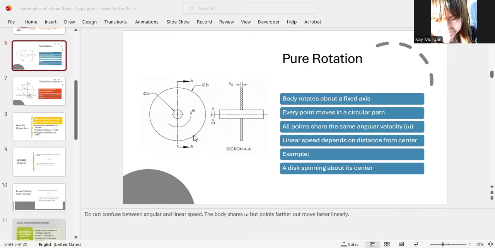So you can see this, of course, in a diagram like this. Every point on that body moves in a circular path. Don't think there's only one circular path. No, it has a gazillion circular paths from there all the way to there, except that central line. So your body has material from here all the way to the end of the circumference, and each one of them is a point.